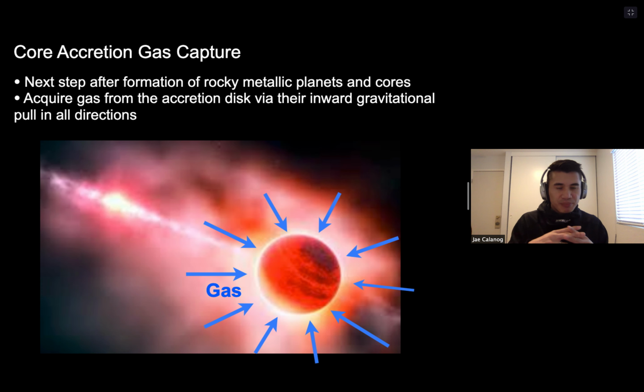And so the next step, after forming the rocky metallic planets and their cores, once you have that mass established, is to acquire gas from the accretion disk using their gravitational forces to pull it inward from all different directions. And so that's called core accretion gas capture. So it's kind of a mouthful, but basically core accretion just means that, hey, your core is accreting gas and it's capturing it from somewhere within the disk.